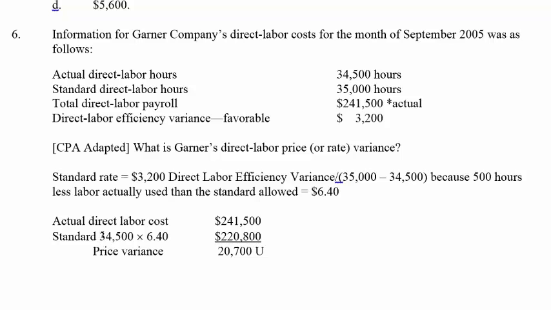All right, so let me change this wording here. This 34,500 is the actual hours, but this 6.40 right here is our standard rate.